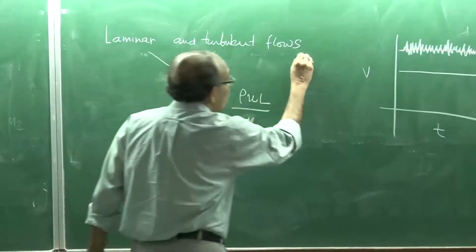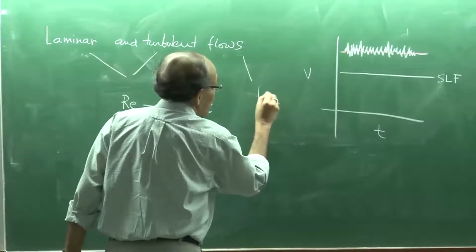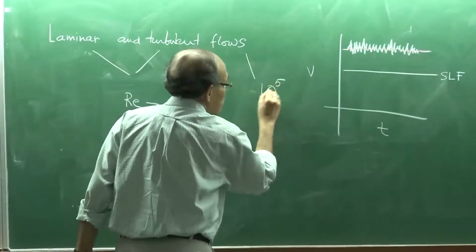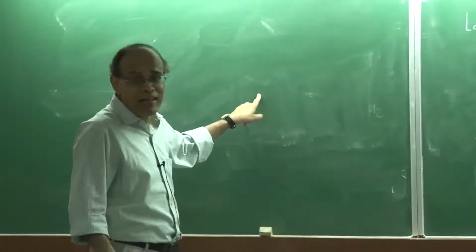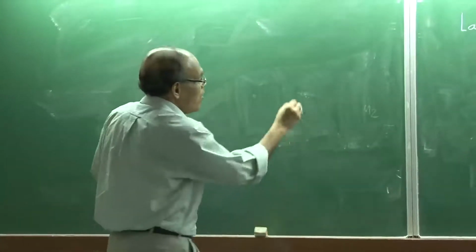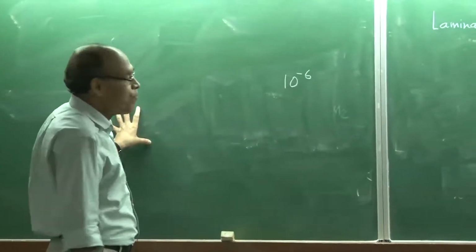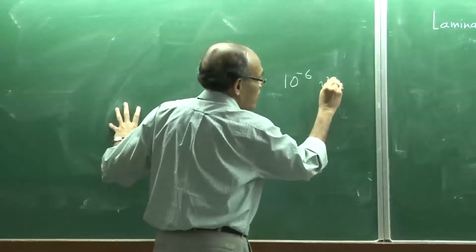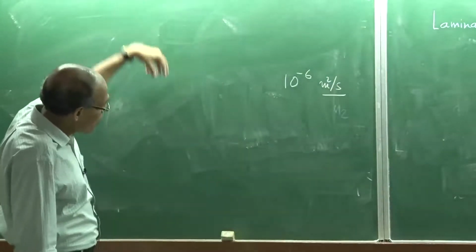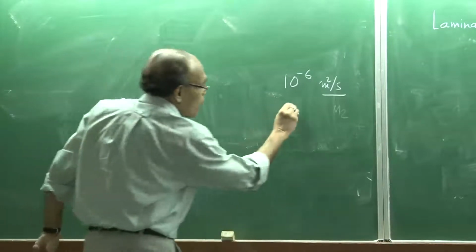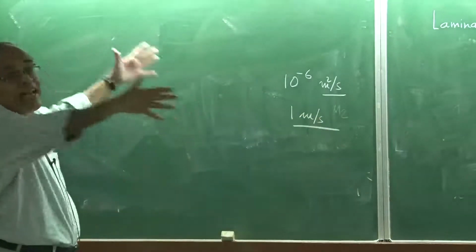And in turbulent flows, industrial turbulent flows, we are talking about a Reynolds number of the order of 10 to the power 5. For example, for the tundish that I have drawn here, the kinematic viscosity of steel is about 10 to the power minus 6 meter square per second. A characteristic velocity at the ladle outlet is of the order of 1 meter per second. The reactors are huge.